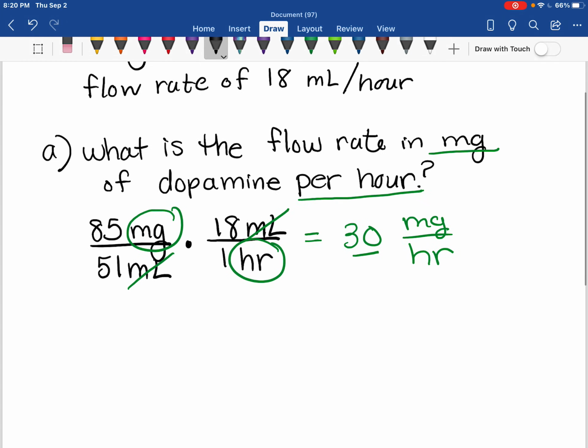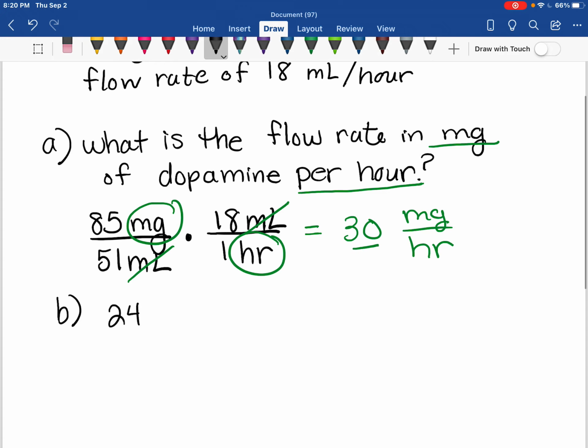Okay, so the second part of this question asks, if a patient is prescribed 240 milligrams of dopamine, how long should the infusion last?